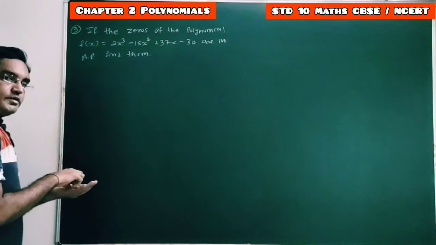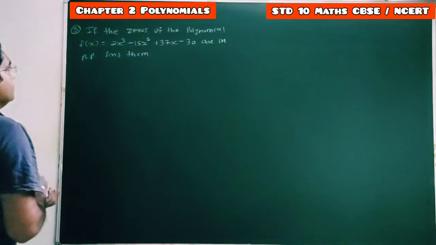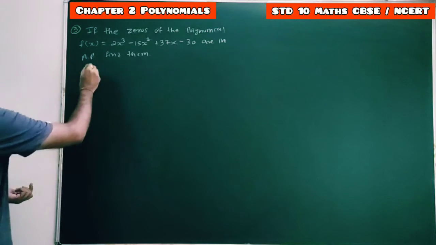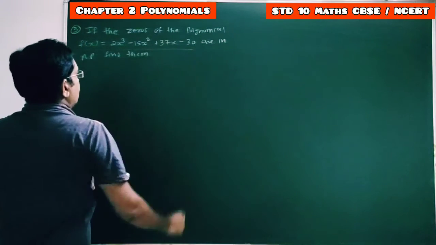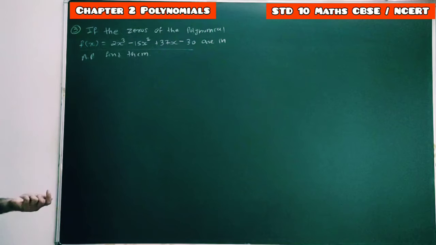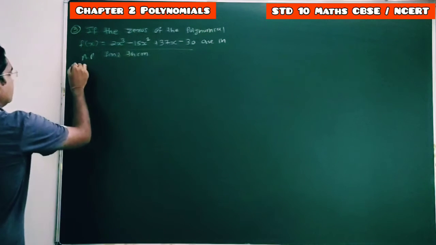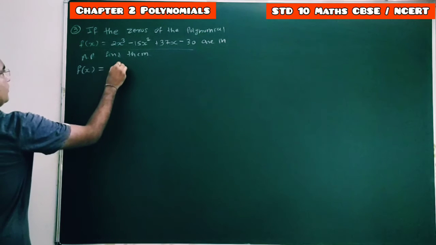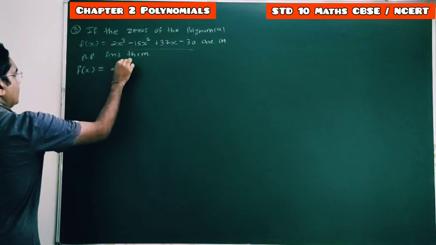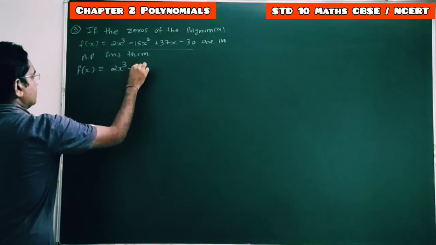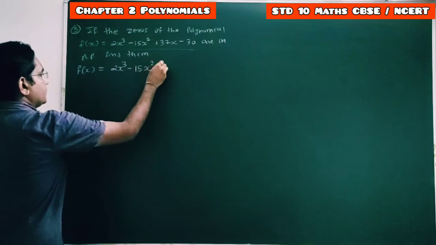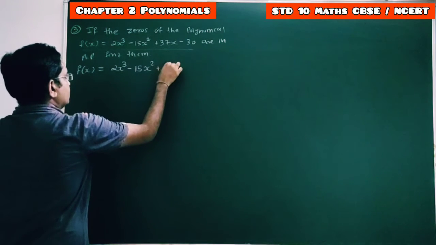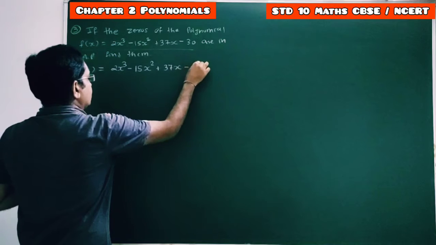Okay students, now question number 3. Here the zeros of the given cubic polynomial are in AP, arithmetic progression. Find them. So the given cubic polynomial is f of x, 2x cube minus 15x square plus 37x minus 30.